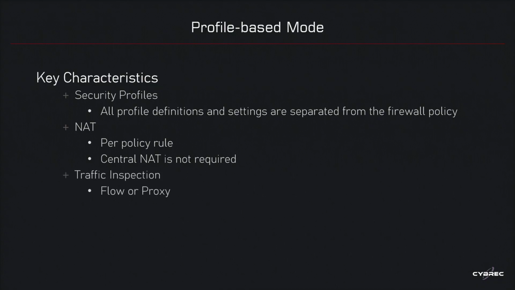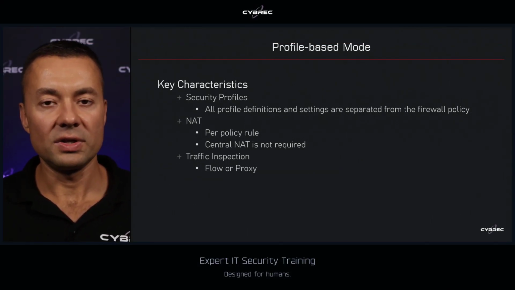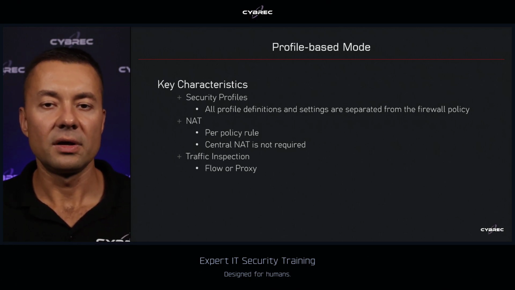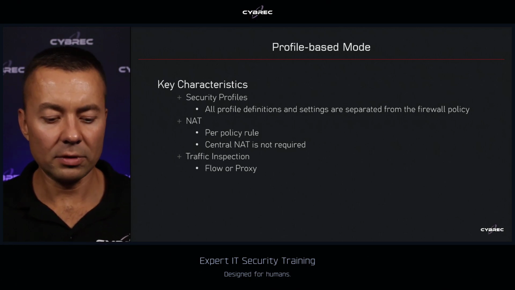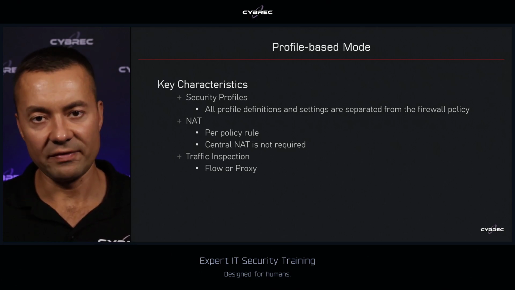There is also an additional difference which is related to traffic inspection. Traffic inspection controls the behavior associated with the inspection of data packets that go across the firewall. We have what is known as flow-based traffic inspection and proxy-based traffic inspection.